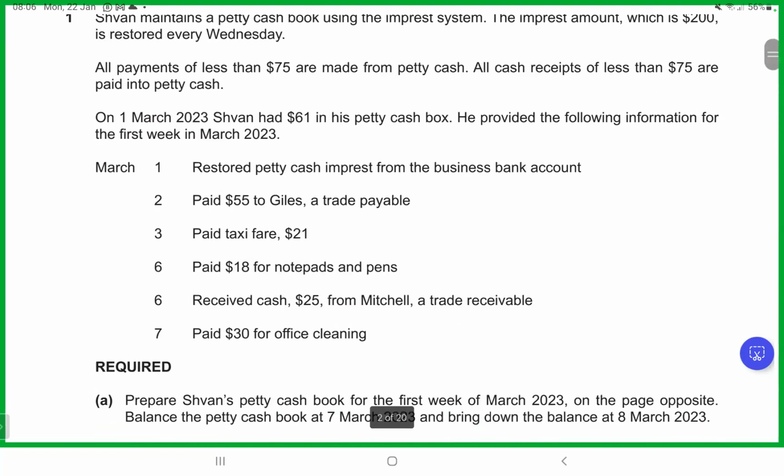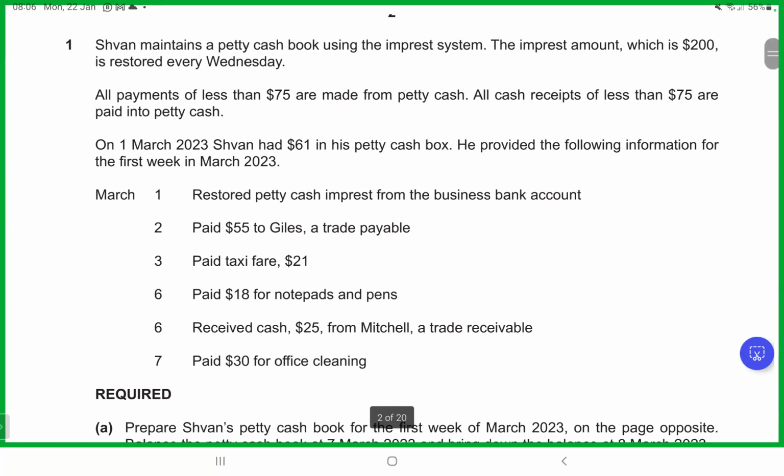Now, this is what it says. On 1st March 2023, he had $61 in his pet cash book. He provided the following information for the first week in March 2023. So the opening balance, the amount that he started with, was 61. That is the amount brought down.